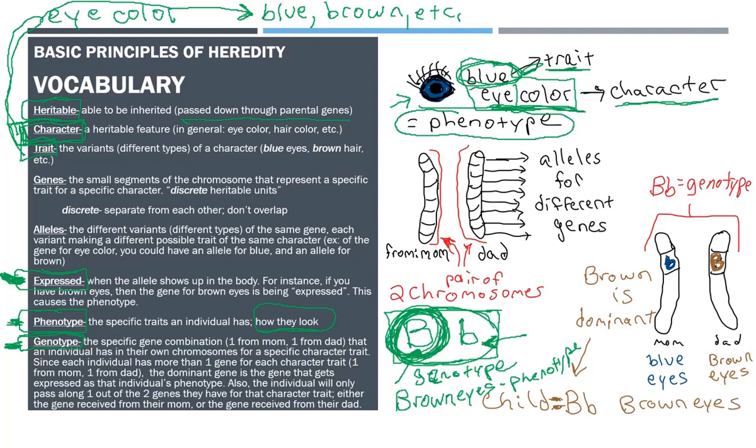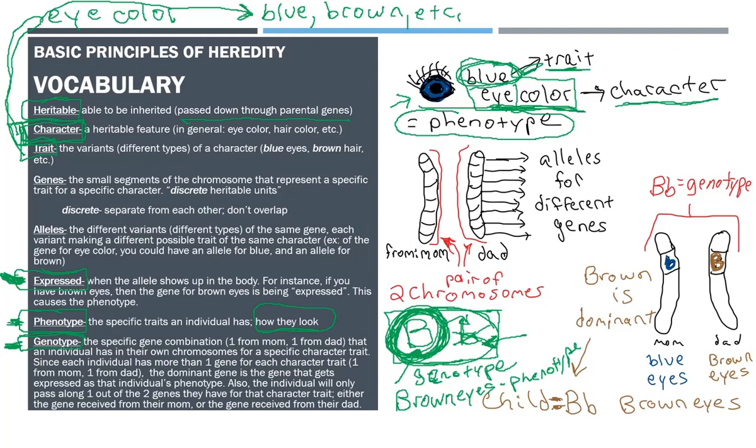The dominant gene is the winner. So it wins out over the blue-eyed allele. So you end up silencing that blue-eyed allele, so only the brown eyes show through, and you end up having brown eyes as your phenotype.